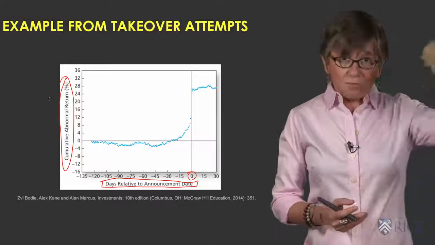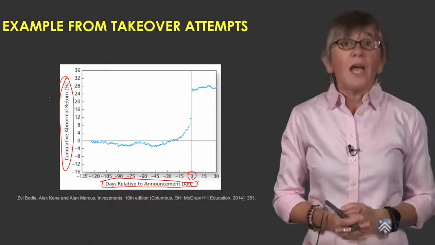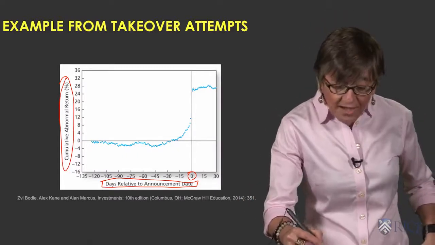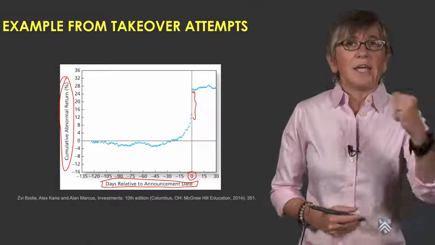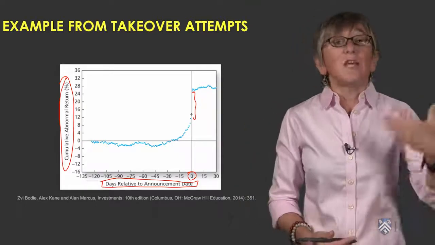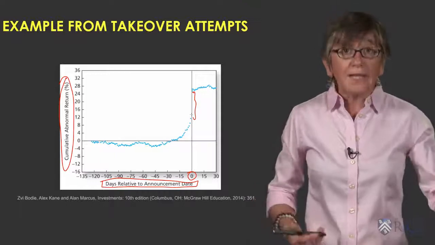We estimated the parameters and computed the abnormal return. And what you see is a large positive abnormal return on day 0, on the announcement date. So this is consistent with the efficient market hypothesis, that once the news becomes public, the price jumps.